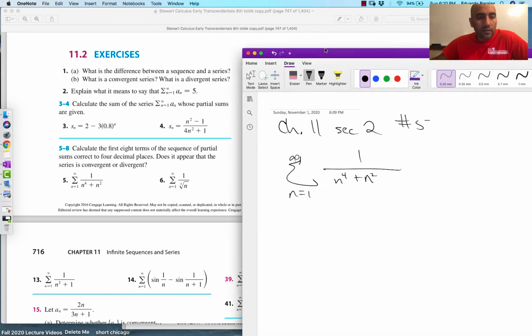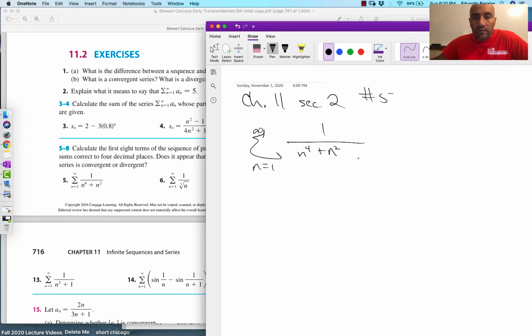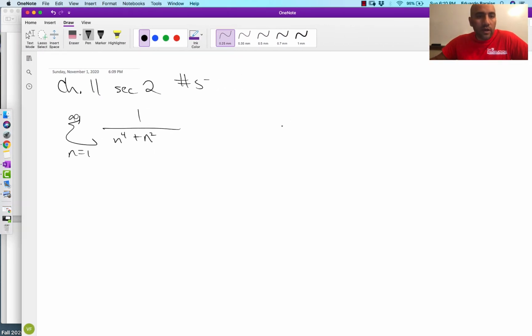Does it appear that the series is divergent? Okay, so this series is describing the following. When n equals 1, we get 1 to the 4th plus 1 to the 2nd. That's just going to be equal to 1 over 1 plus 1.